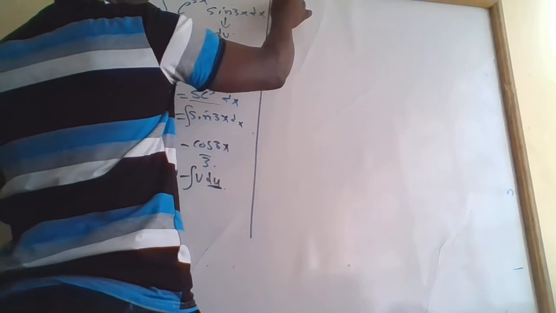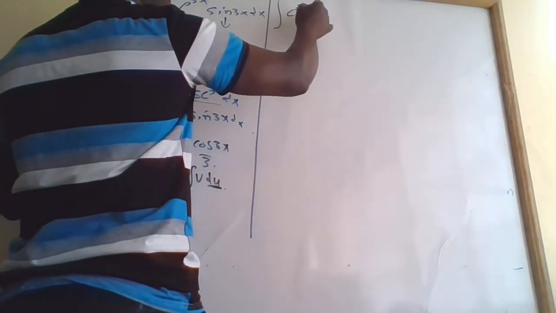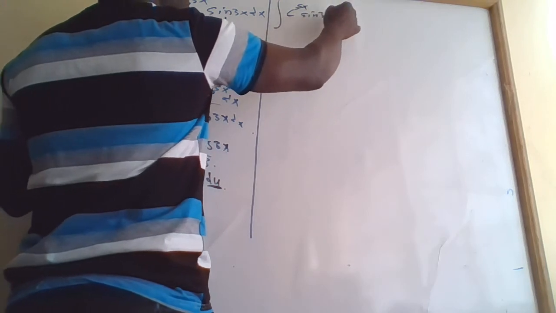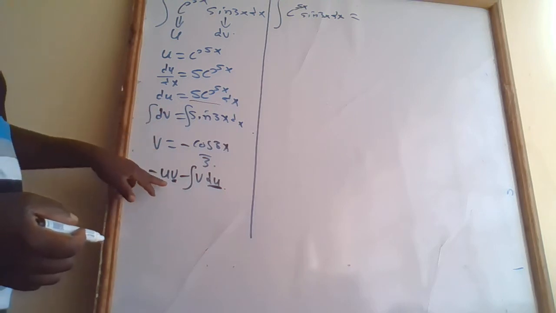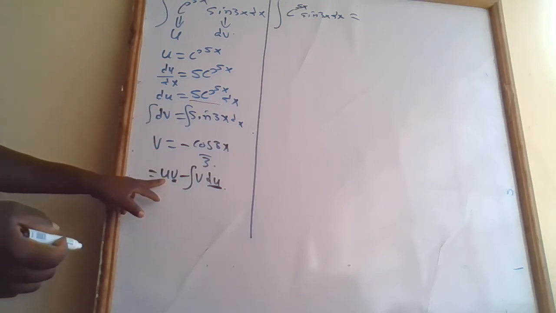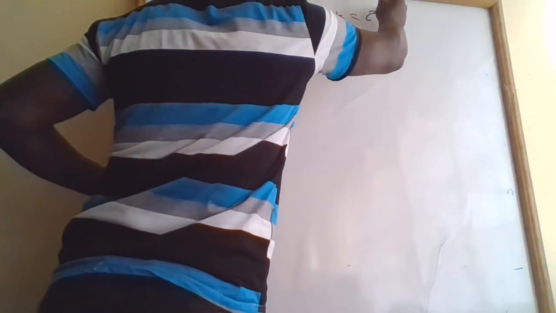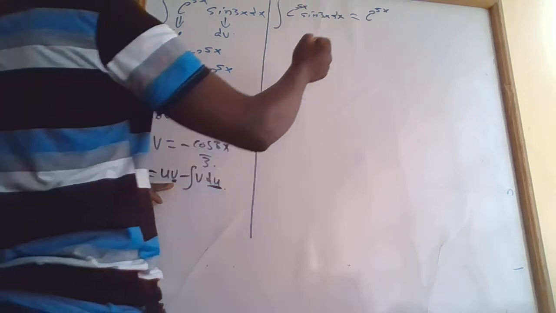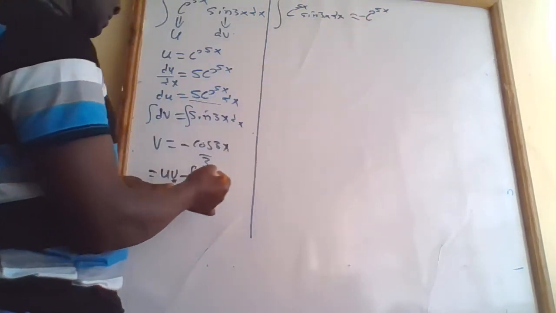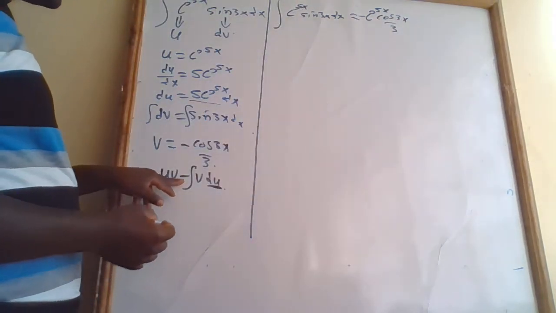Therefore, the integral of e^(5x) sine 3x dx will be equal to, we now apply the formula. So we have our u, which is e^(5x), then our v is negative. So we start with the negative there, then cos 3x, then all over 3, then minus.